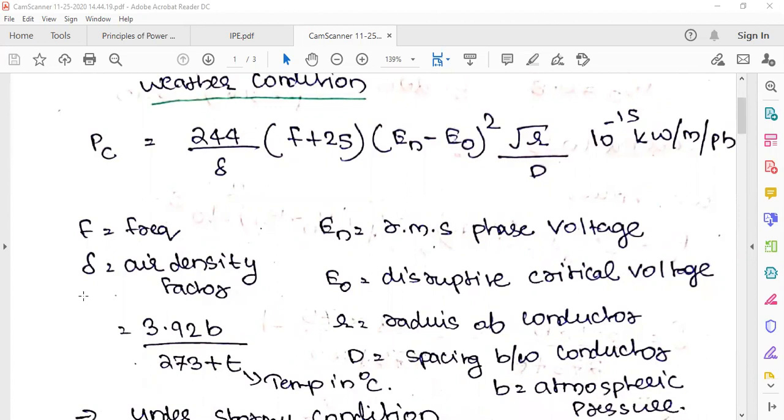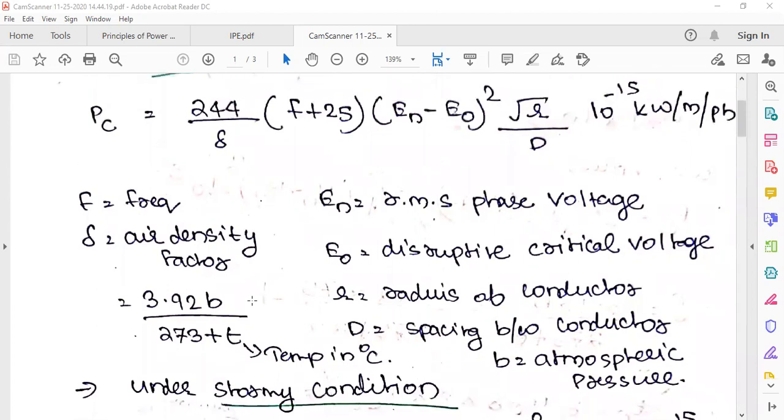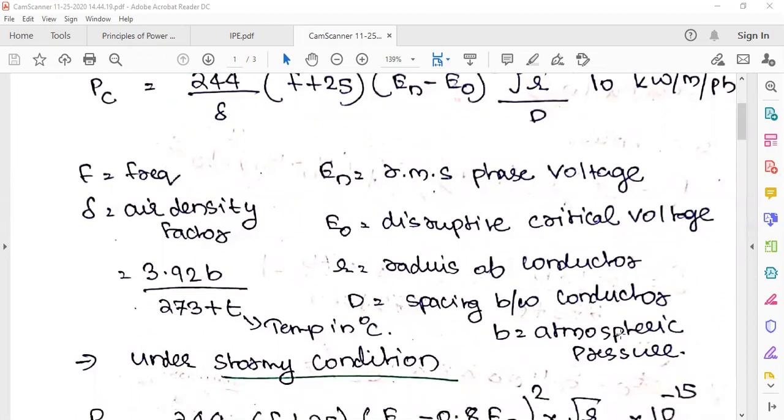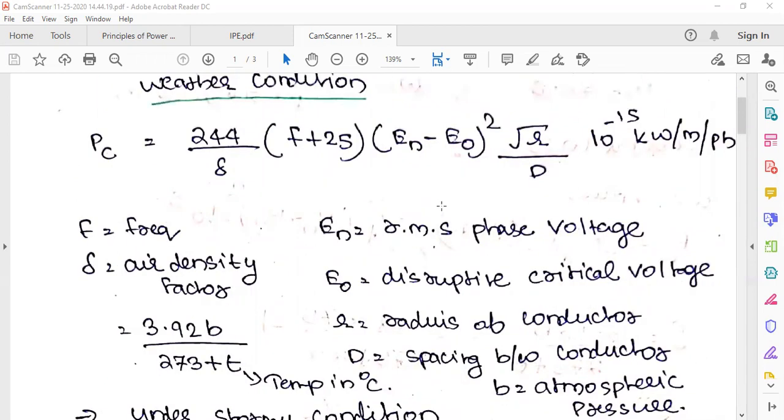Del is the air density factor, and we calculate del as 3.92 into B divided by 273 plus T, where B is the atmospheric pressure and T is the temperature in degrees Celsius. En will be the RMS phase voltage.